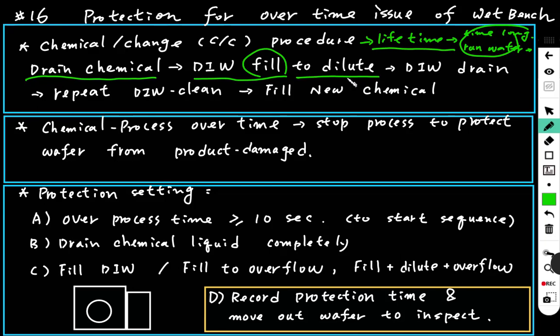Fill the DI water to the full position and start the pump to use the DI water to dilute all the tank and the chemical piping, to flush out the chemical residue. Then, once diluted enough, drain the chemical.